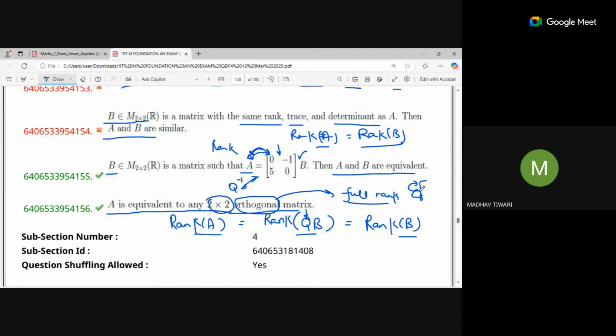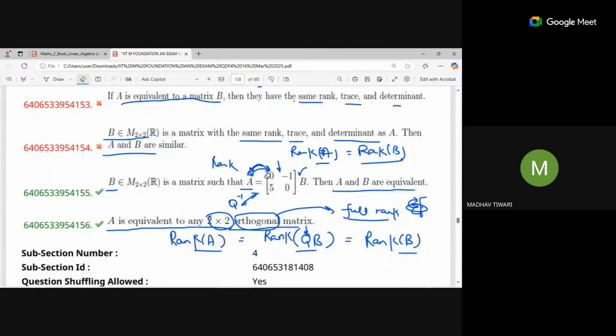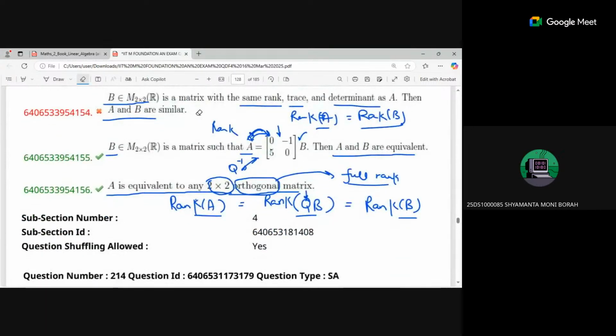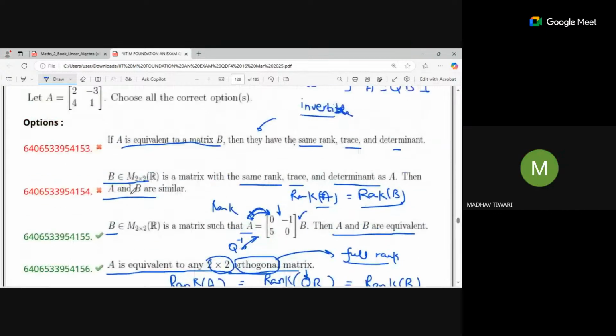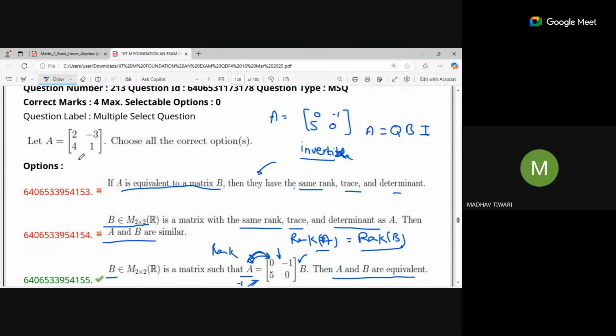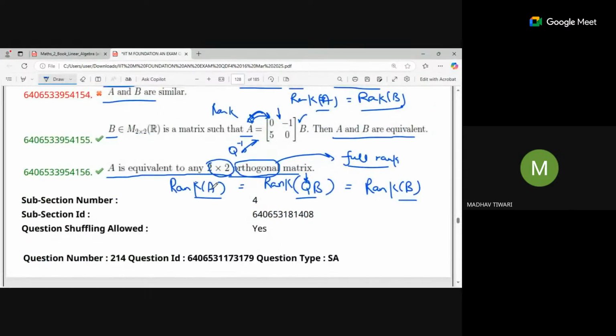In this orthogonal matrix, we don't have to take care of the orthonormal thing, nothing else. You just have to think that the rank should be the same for equivalency. So it has full rank. Rank is 2. If you take any 2 by 2 orthogonal matrix, its rank will be 2.